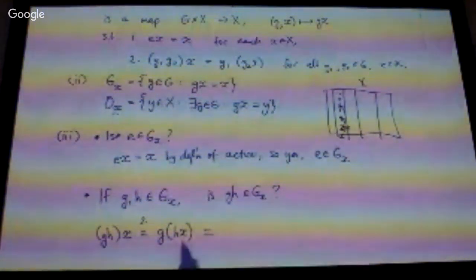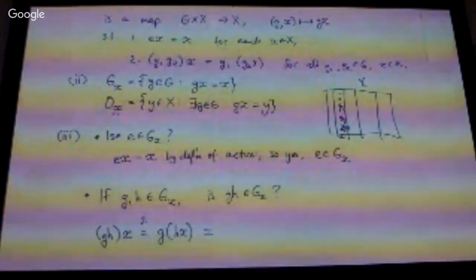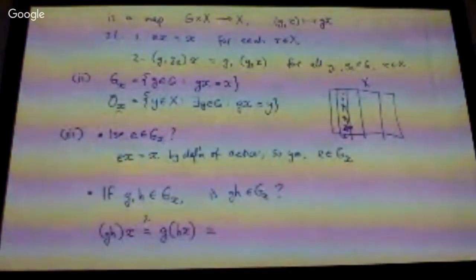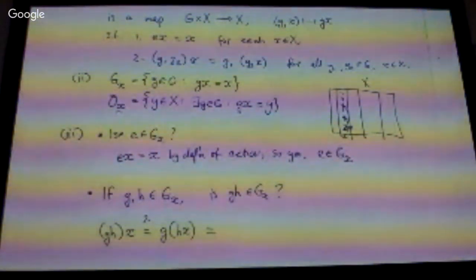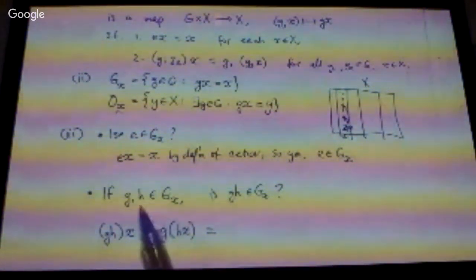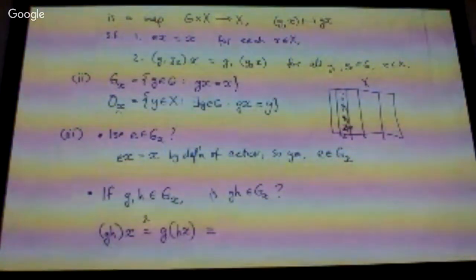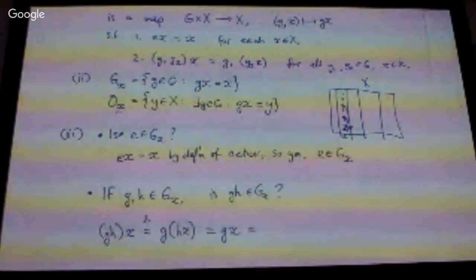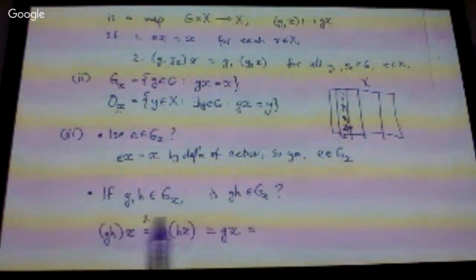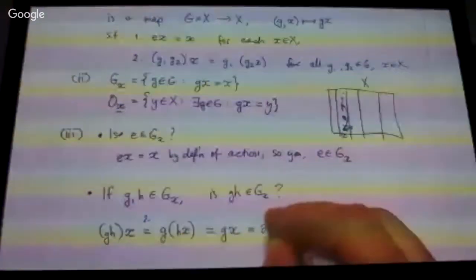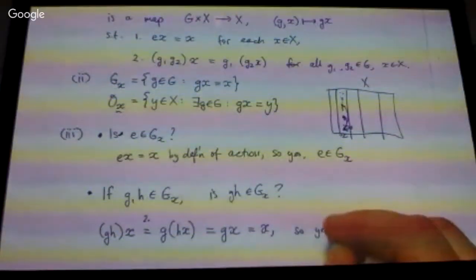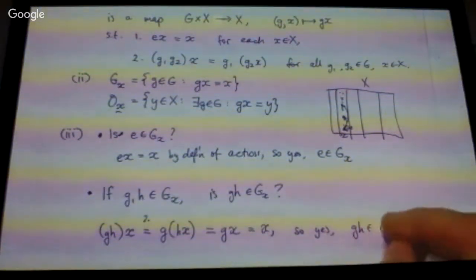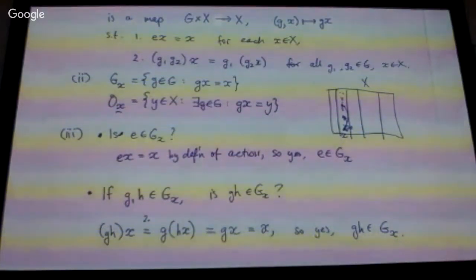Now, HX is X because H is in the stabilizer by assumption. So this is GX, and G is also in the stabilizer, so GX is X. So yes, GH is also in the stabilizer because it satisfies that condition.